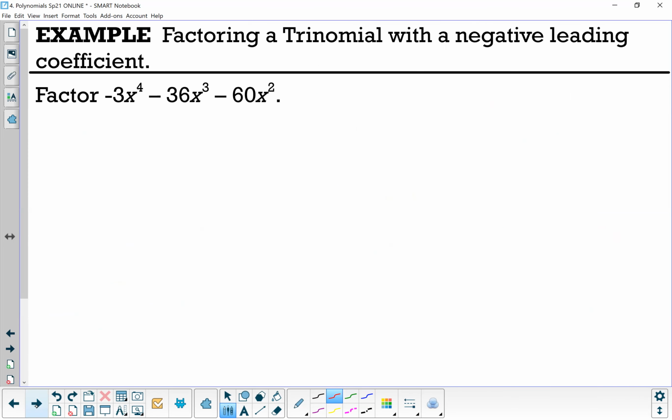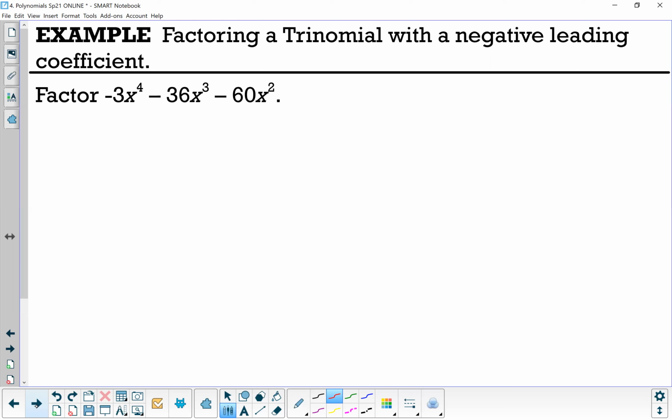All right, now we have negative 3x to the 4th minus 36x cubed minus 60x squared. So again, I want you to always look for a GCF in the beginning. If you have a GCF that's not 1, so -1, you know, we'll still work with that. But here, we can see, okay, I have a negative leading coefficient.